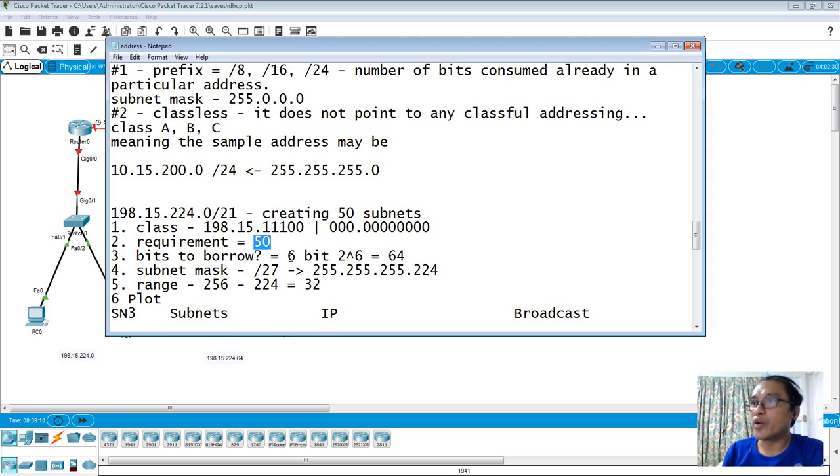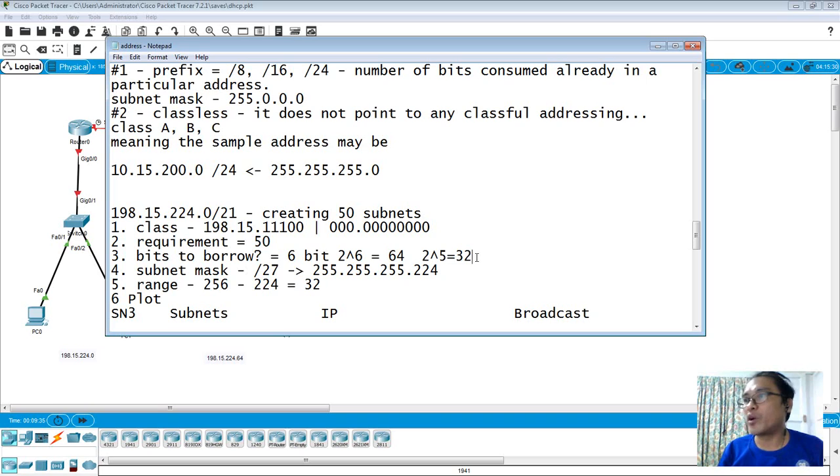So if we are going to borrow 6, that is enough. 2 raised to the power of 6 is 64 minus 2, that's 62. 62 is enough for 50. And if you're going to use 2 raised to the power of 5, for example, it can only give you 32. 32 is not sufficient to cater to 50 subnets.